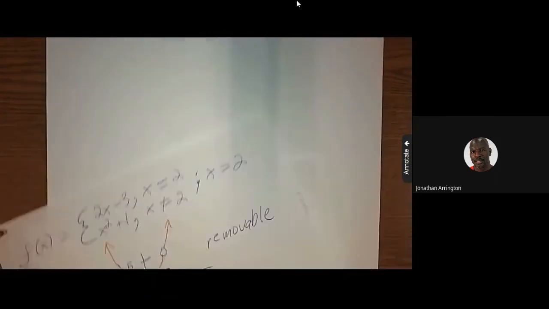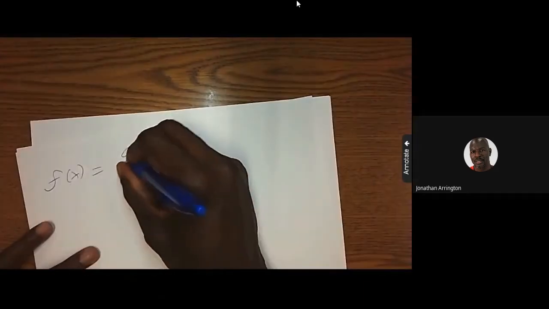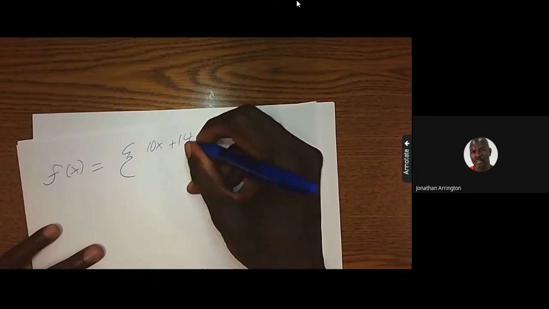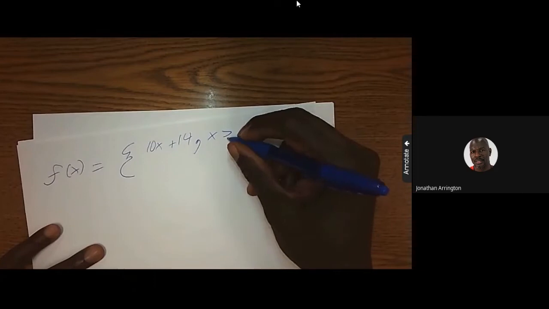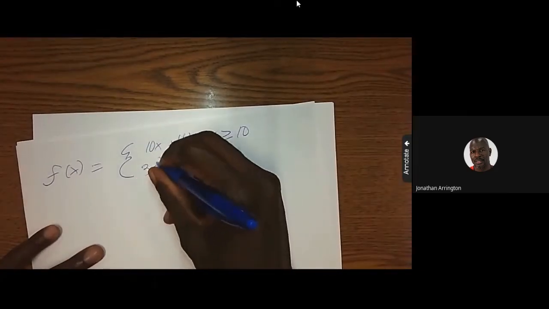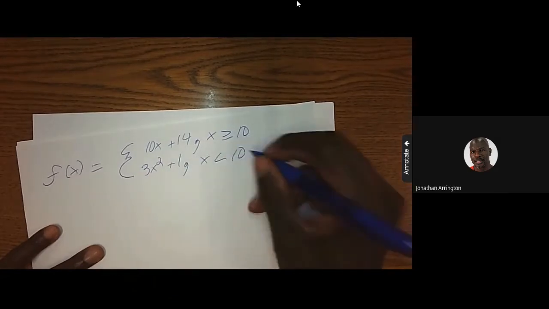But none of the problems you're going to see should indicate that. So really, when you do a problem, I'm going to do a few examples because this is fairly simple. So f of x is 10x plus 14, provided x is greater than or equal to 10, and 3x squared plus 1, provided x is less than 10.